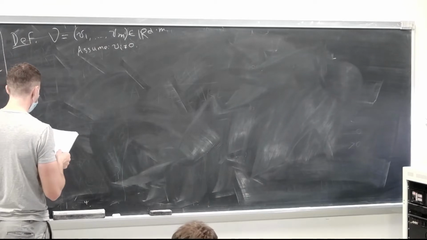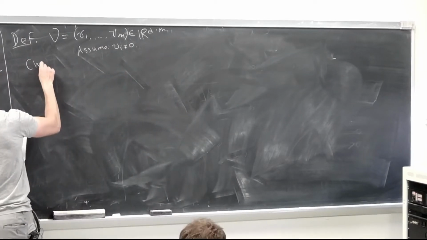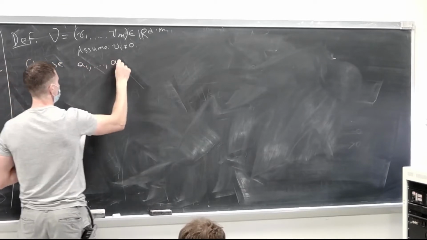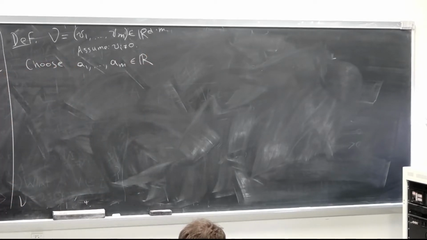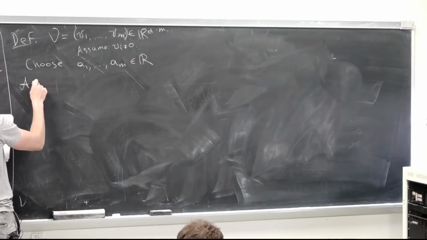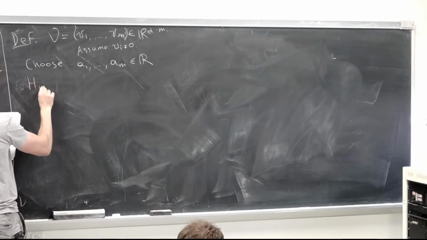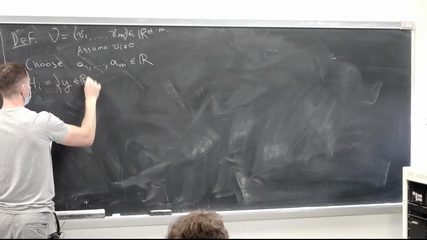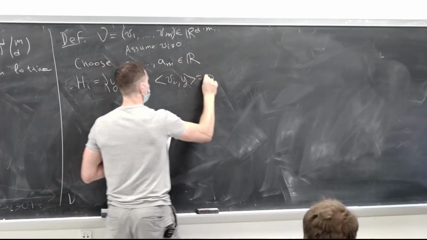Then I'm going to choose some real numbers A1 all the way up to Am, and consider an arrangement of hyperplanes where each given hyperplane Hi is the set of all y in R to the d such that the dot product with Vi is equal to Ai.